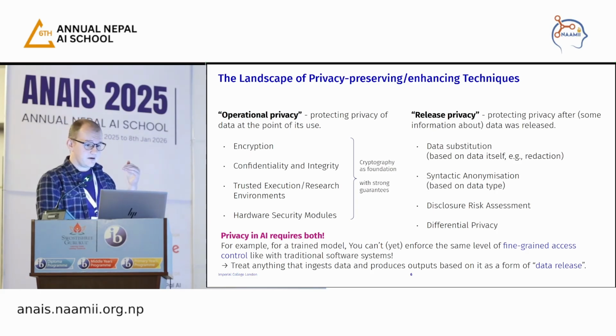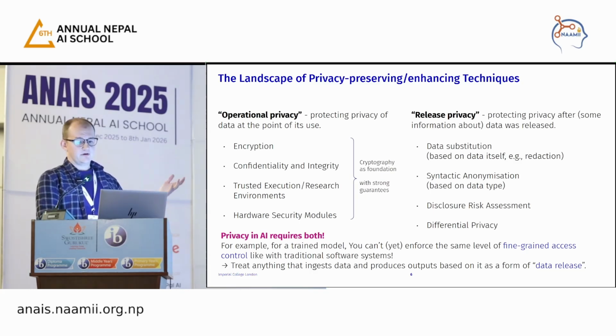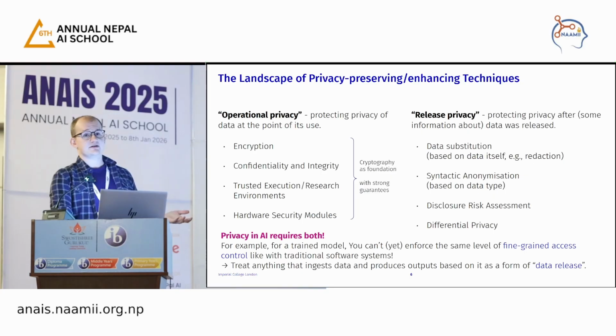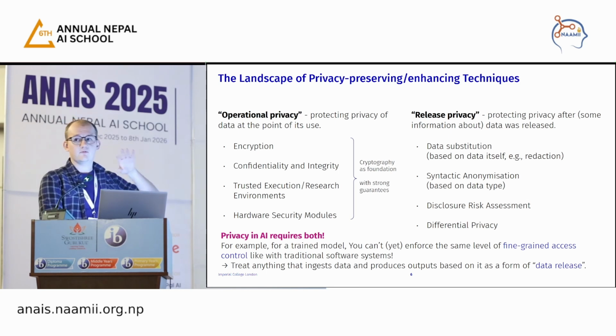So therefore, for now at least, we are going to treat anything that ingests data and then produces outputs based on these inputs, such as a machine learning model, as a form of data release. So this will then go into release privacy. Of course, we need to look at operational privacy as well, right? We will need to make sure that people who are not allowed to access the model at all are still not allowed to do so.